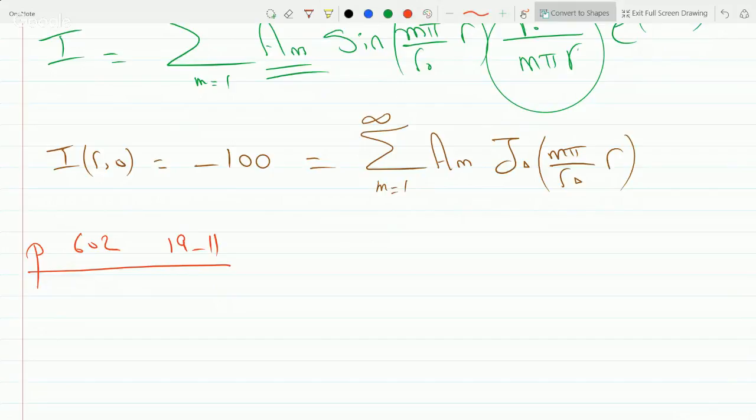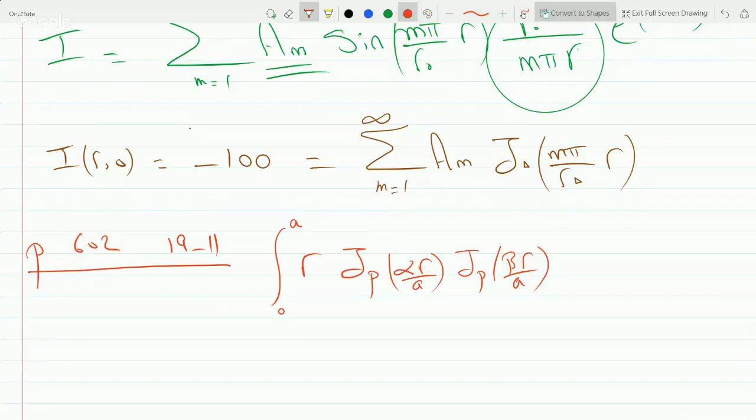So right here, 19.11: the integral from 0 to a of J_p(alpha r over a) J_p(beta r over a) r dr, where by the way alpha and beta are zeros of the Bessel function J_p.